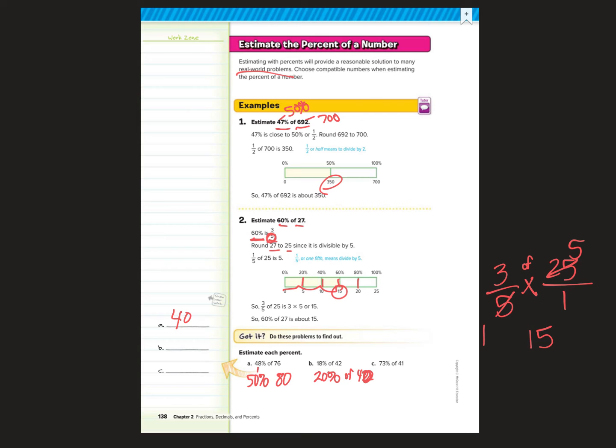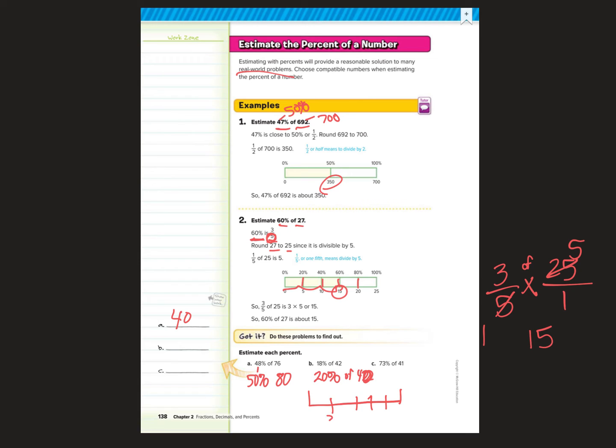So again, if I cut 40 into 5 equal pieces. Why am I picking 5? I'm picking 5 because 20, 40, 60, 80, 100. There are five 20%s in 100. So if I have 5 equal pieces here, I need to cut 4 times. 1, 2, 3, 4, 5.